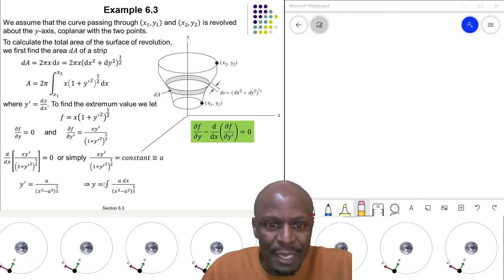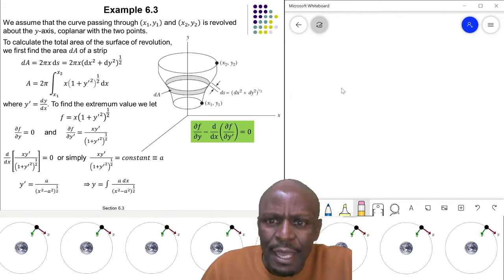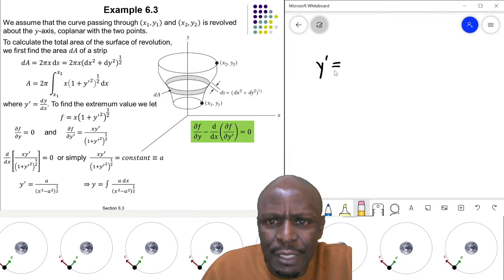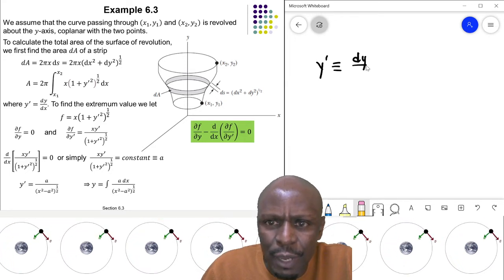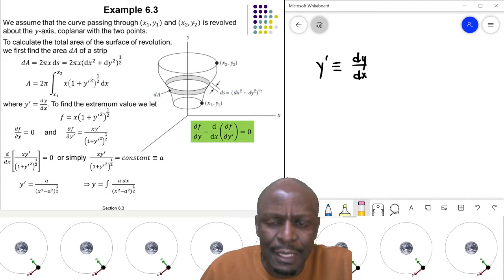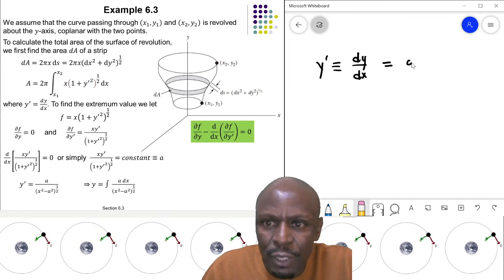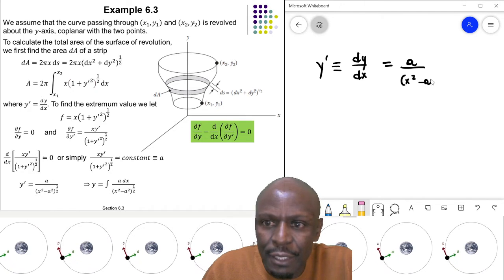Remember, y prime is equal to dy over dx. So now, if you plug that in and do the integration, this is going to be equal to a divided by the square root of x squared minus a squared.